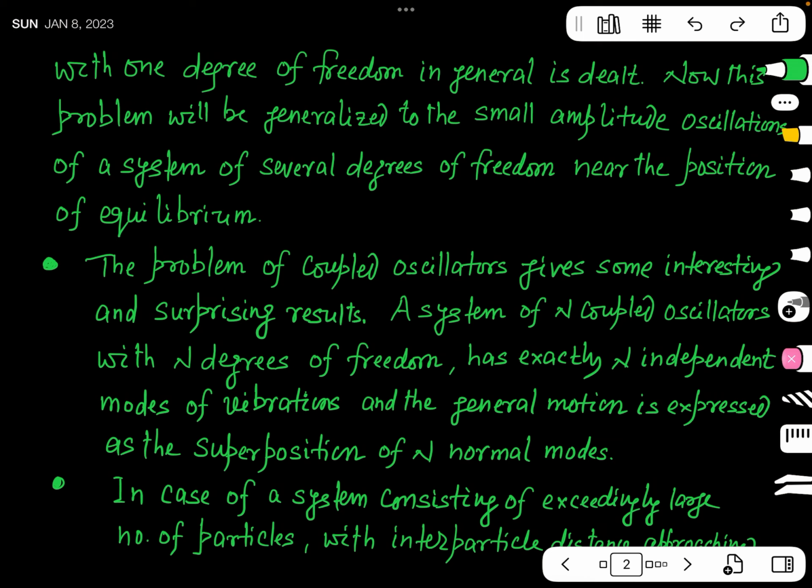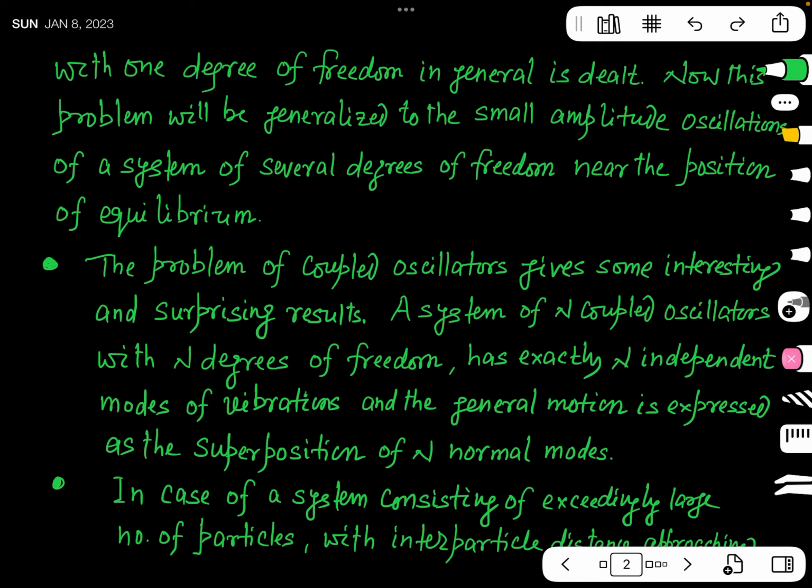It means we have to generalize the problem in such a way that the degree of freedom will not be limited to 1, but we will see the oscillation of a system which has several degrees of freedom near the equilibrium position.